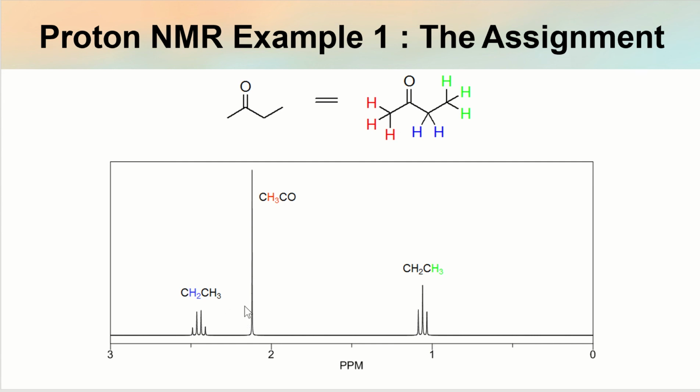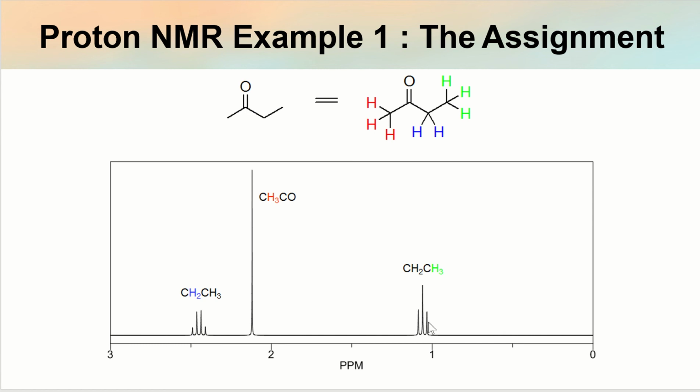So we did say that this methyl that is in red would be a singlet because it doesn't have any neighboring protons. And we did say that the blue methylenes here would be a quartet. And we did say that the terminal set of protons here would be a triplet.